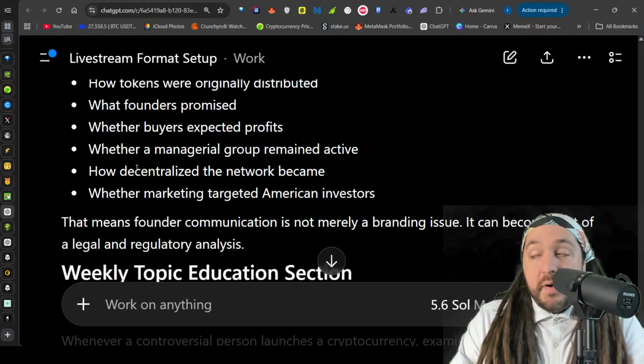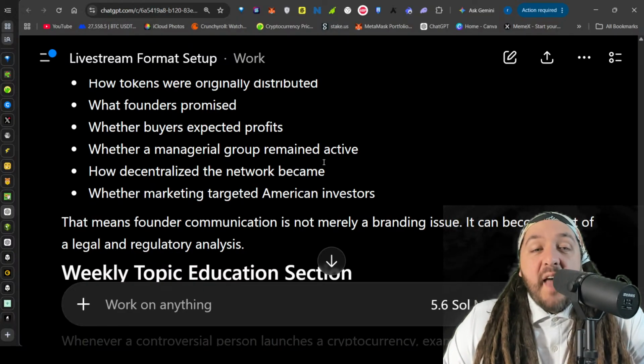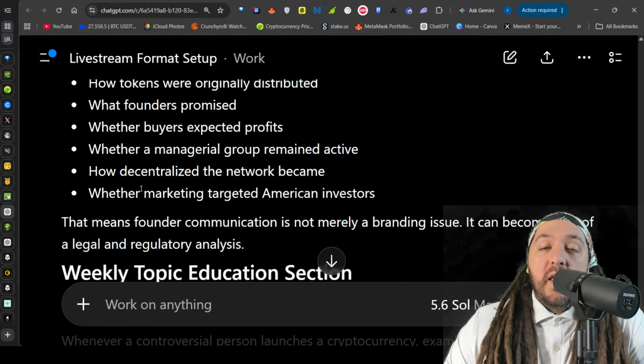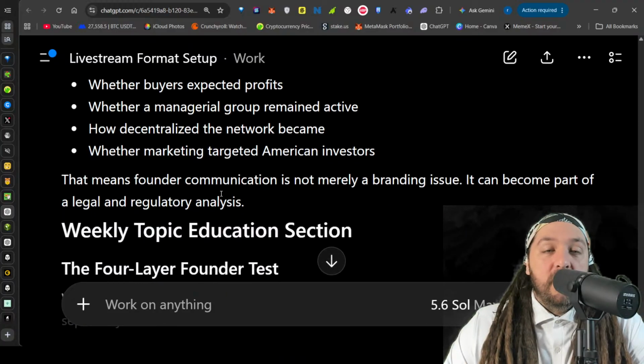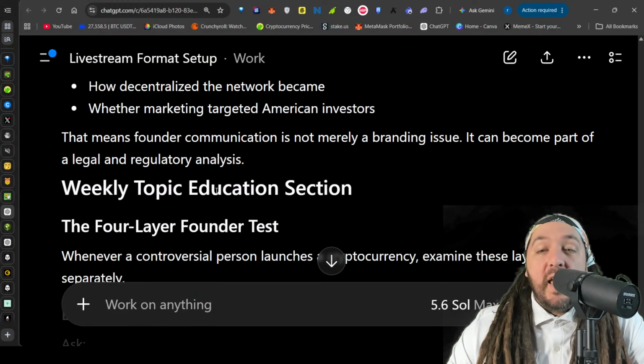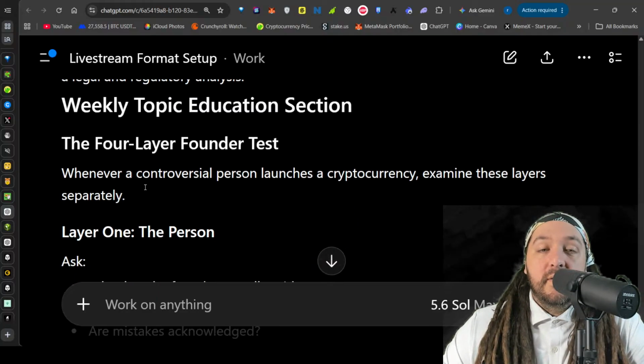I mean, what buyer doesn't expect profit? Whether a managerial group remains active, how decentralized the network became, and whether marketing targeted American investors. That means founder communication is not merely a branding issue, it can be part of a legal and regulatory analysis.